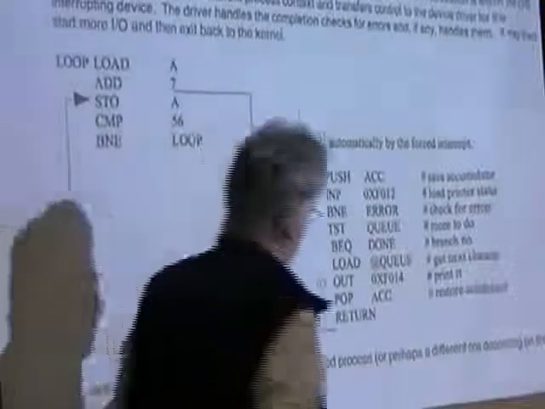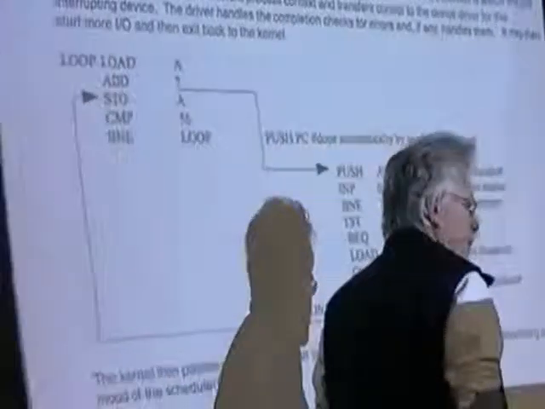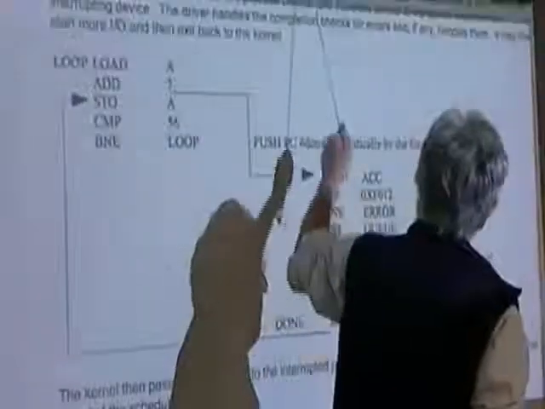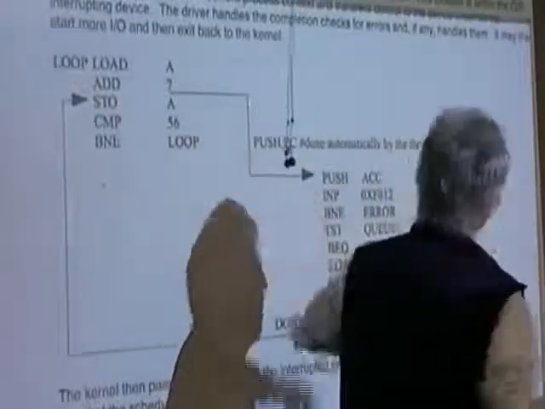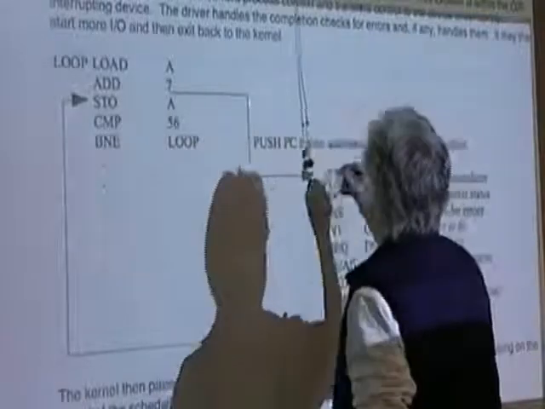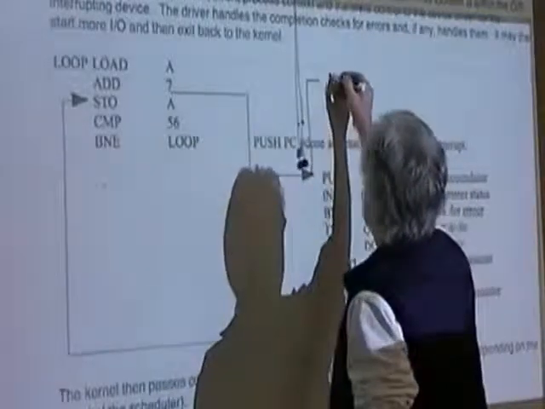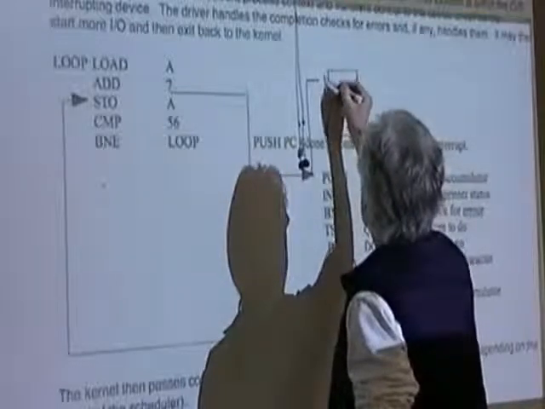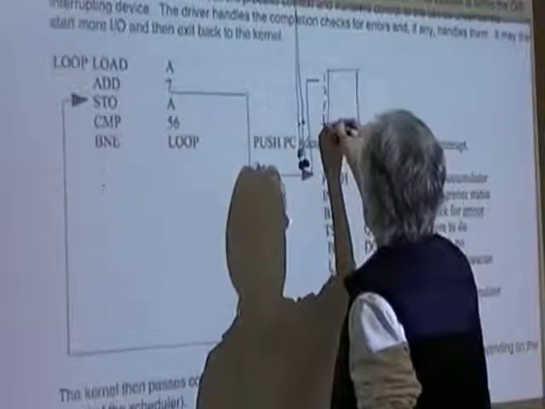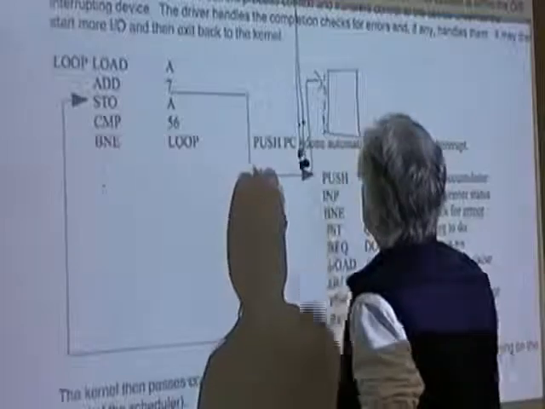Now, to add a little bit of complexity to it, it doesn't actually go directly to the device driver. It really goes through what's called an interrupt vector. So this will be 1, 2, 3, 4, 5. So this is a table.